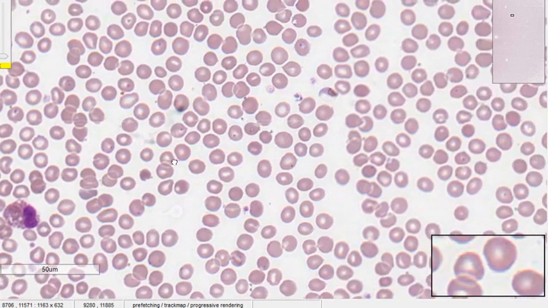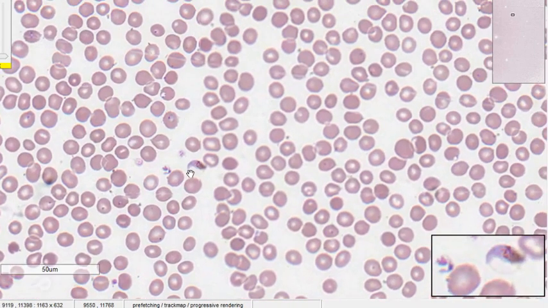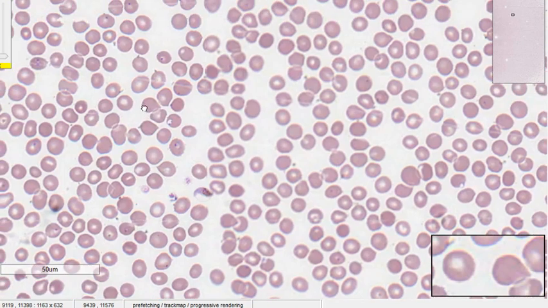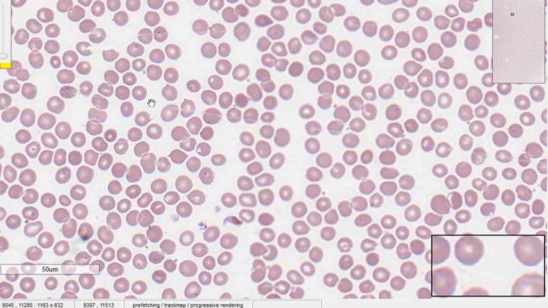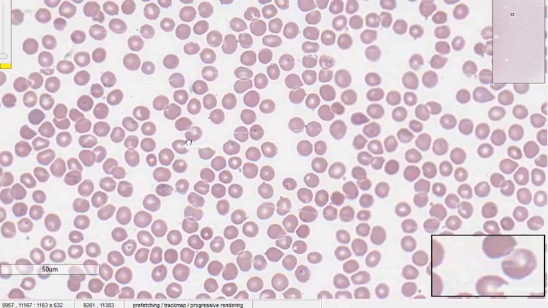This is a peripheral smear, so if you're supposed to know the format of reporting of the peripheral smear, you can have a look at your books where this format will be provided, and at your will give it a try to write it in the correct format also. But the main thing is to diagnose the case as of now.